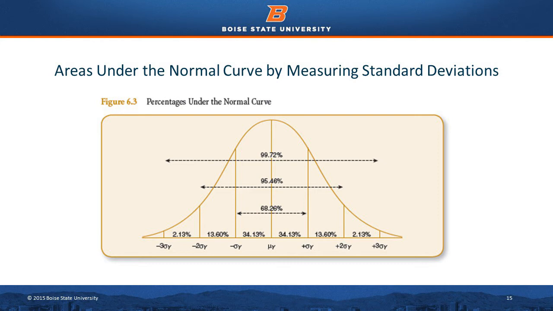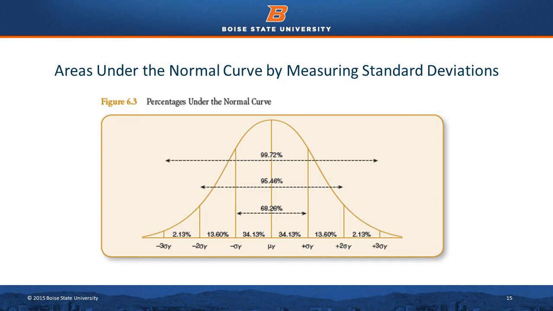If we wanted to know the percentage of scores between the mean and three standard deviations above the mean, we would add 34.13, 13.6, and 2.13 to obtain 49.86%. If we wanted to know the percentages of scores from three standard deviations below the mean to three standard deviations above the mean, we know that a normal curve is symmetrical, and each side from the mean to three standard deviations represents 49.86%.